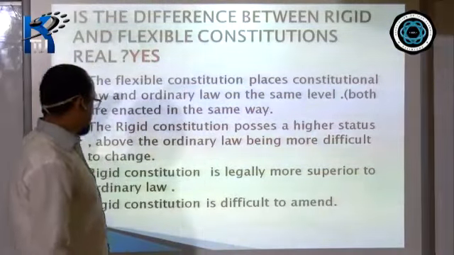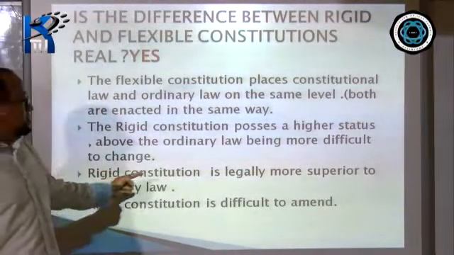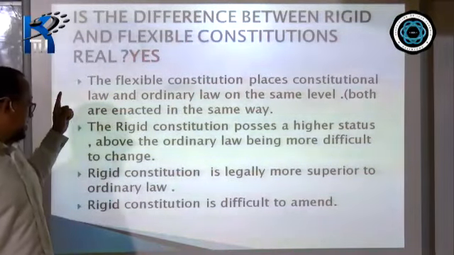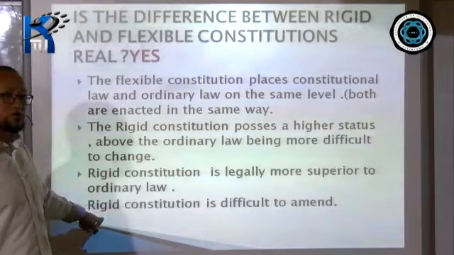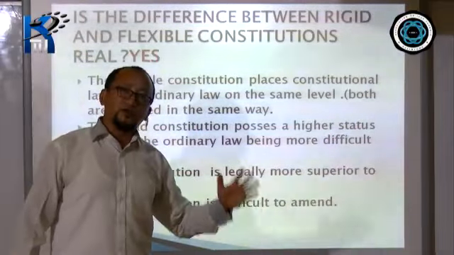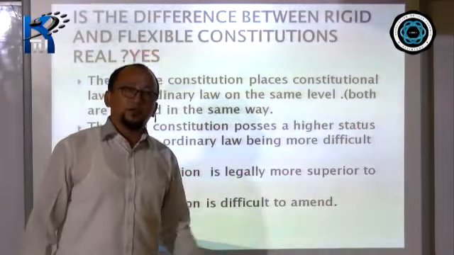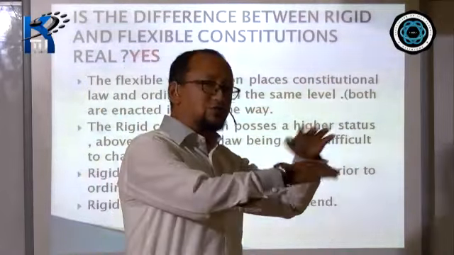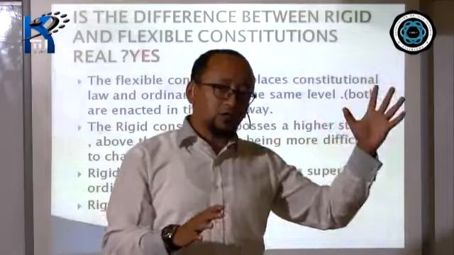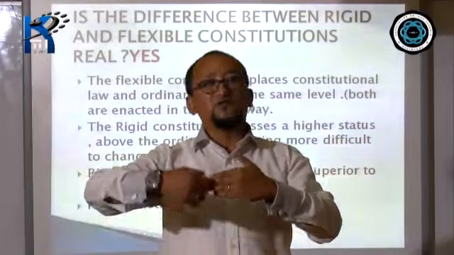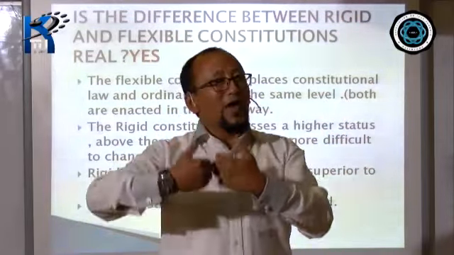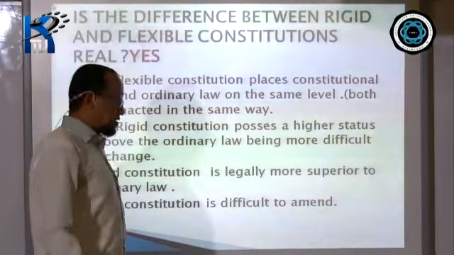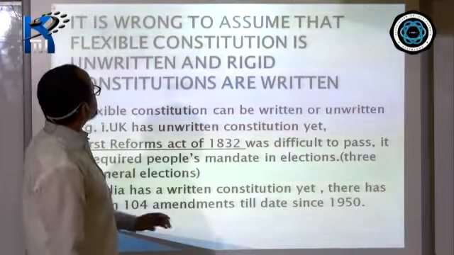So children, see here, a rigid constitution is legally superior to ordinary law, and therefore a rigid constitution is always very difficult to amend. So the bottom line is this: flexible constitutions are very easy to amend, like the UK. Rigid constitutions are those which are difficult to amend, as in the United States. Please always keep this in your mind.